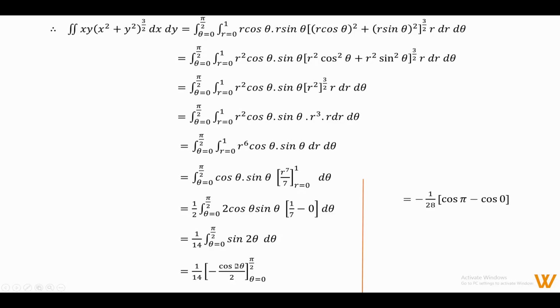Take the minus sign out of the bracket, so minus 1 upon 14 into 2, 28, minus 1 by 28. Inside the bracket first put the upper limit theta is pi by 2, so cos pi, minus, put the lower limit cos 0. So equal to minus 1 by 28. Inside the bracket minus 1 minus 1, this is minus 2, so minus 1 by 28 into minus 2 is 1 upon 14, which is the required answer.